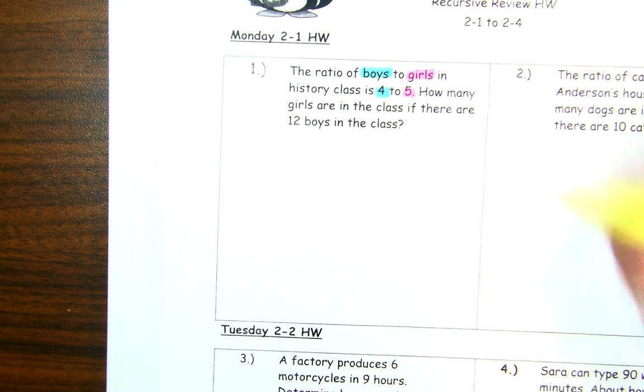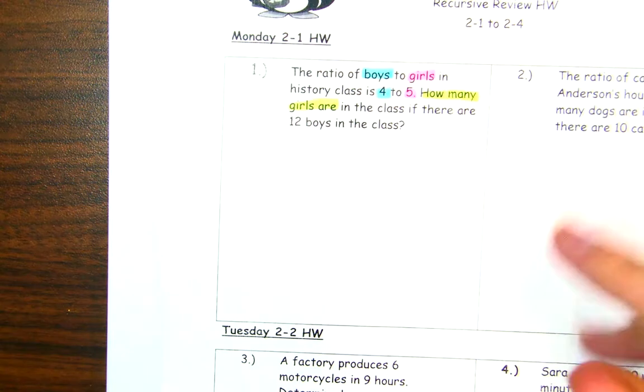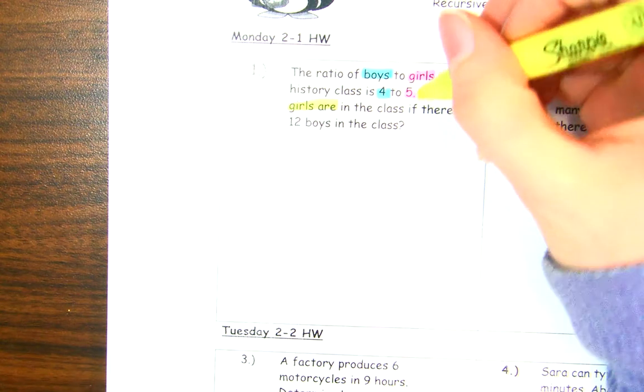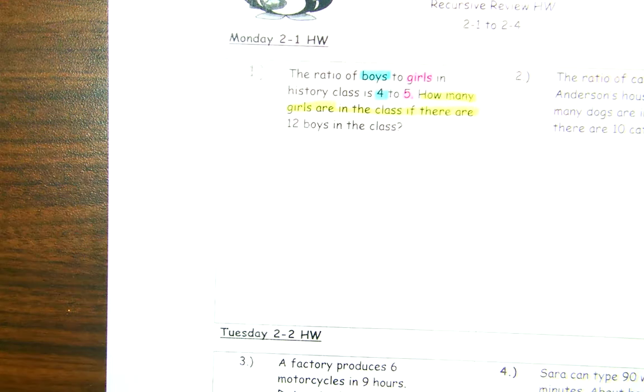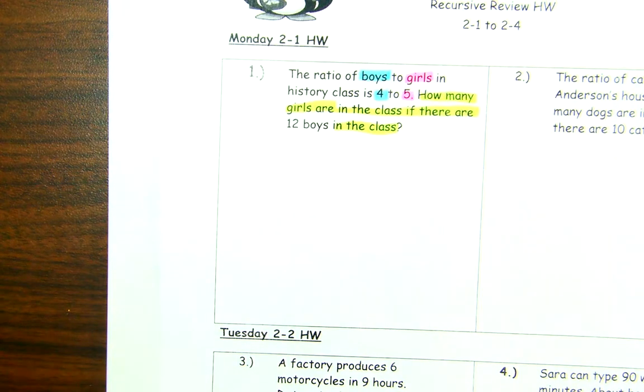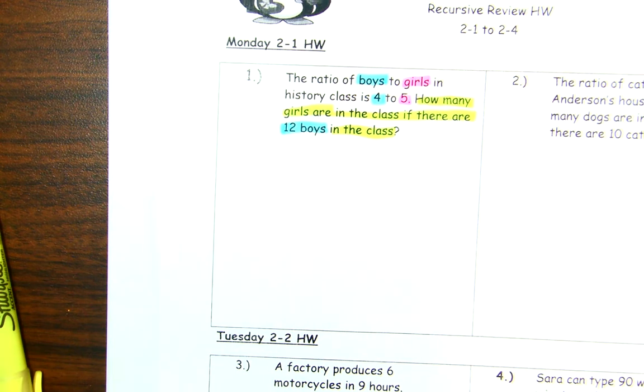It says how many girls, so I know I'm looking for girls. Girls should be my X or my question mark in the class if there are 12 boys in the class. And again, I'm going to highlight my 12 boys in blue because I know that I'm looking at boys again.